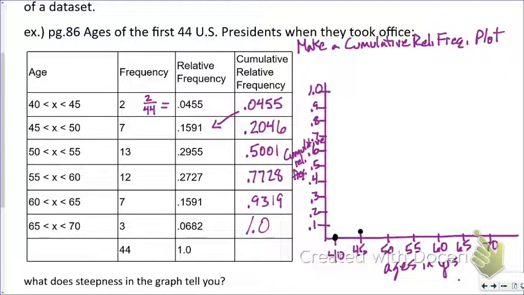So you just keep making dots at each cumulative in the upper end of the class. And then you connect the dots.